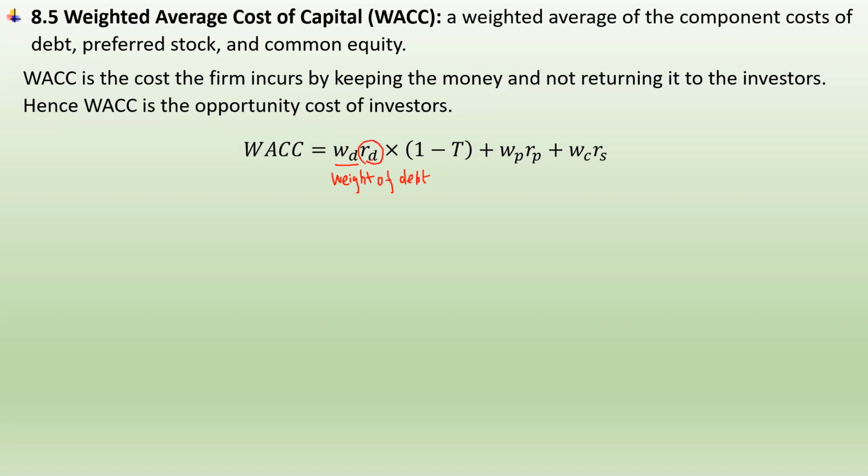Then RD, remember, is the yield to maturity. And because interest is tax deductible, we use the after-tax one. So it's 1 minus T. And this is the weight of preferred stock, the percentage of capital funded by preferred stock.